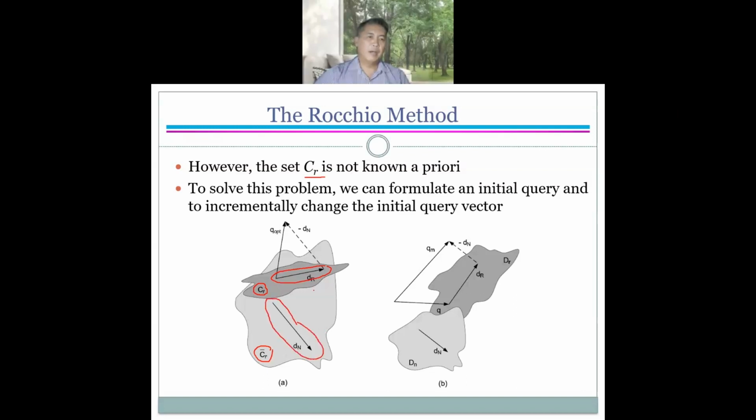Okay, so remember the formula of the optimized one, we have all the relevant documents. Let's change that one. You want to have all this Dr minus the Dn.